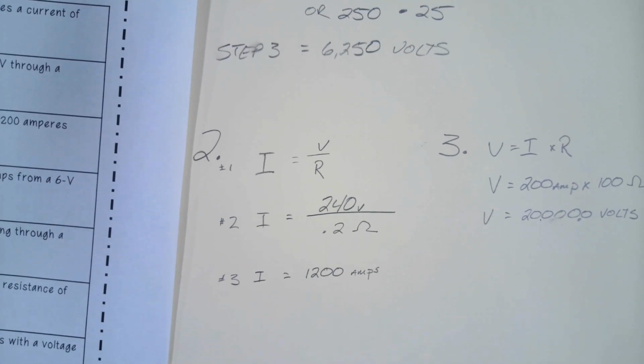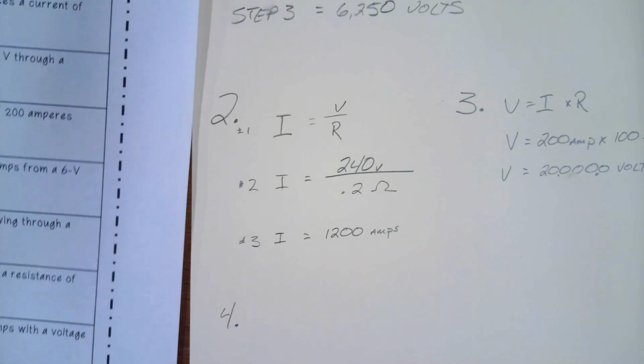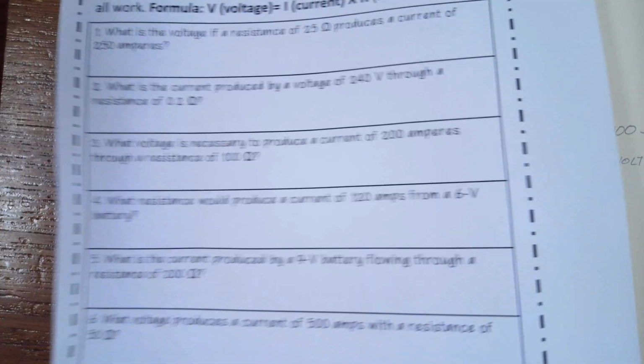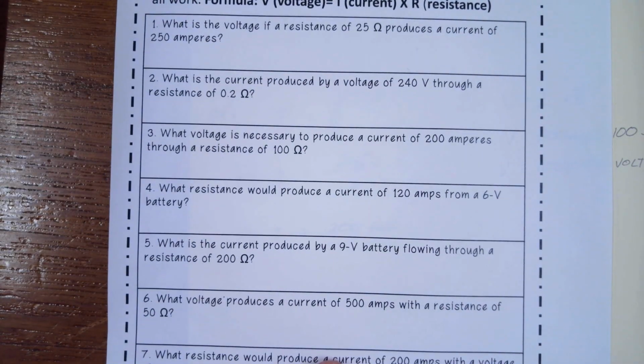Okay. Want to try the other ones on your own? I'll give you one more. Number 4. All right. What resistance would produce a current of 120 amps from a 6-volt battery?